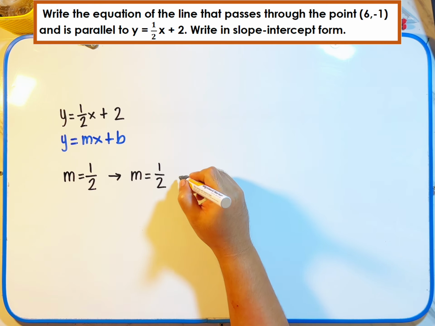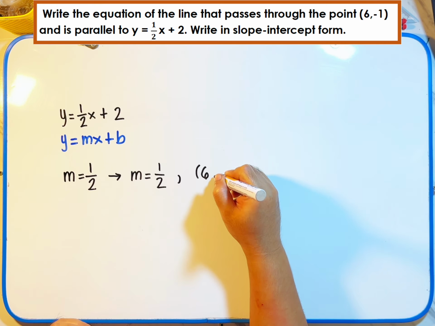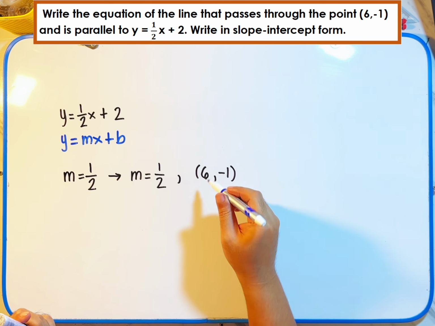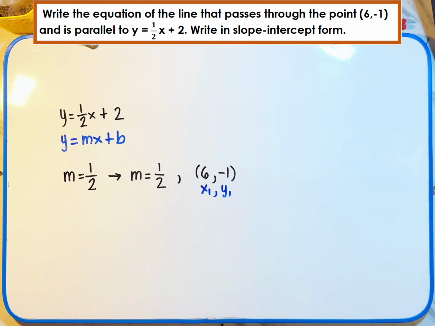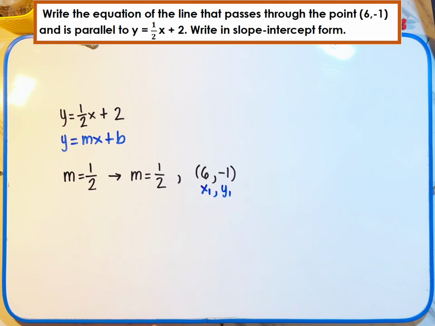And then we are given a point. The point is (6, -1). So in essence, this is our m, this is x1, this is y1. Now all we have to do is substitute these values into our point-slope formula.